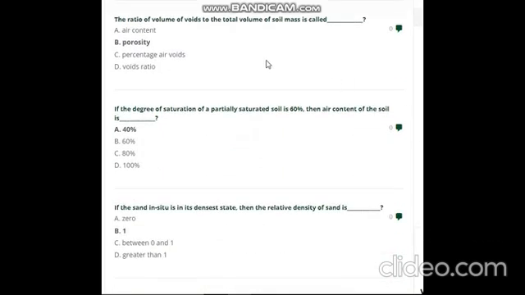The ratio of volume of voids to the total volume of soil mass is porosity. If the degree of saturation of a partially saturated soil is 60%, then the air content of the soil is 40%. If the sand in situ is in densest state, then the relative density of sand is 1.